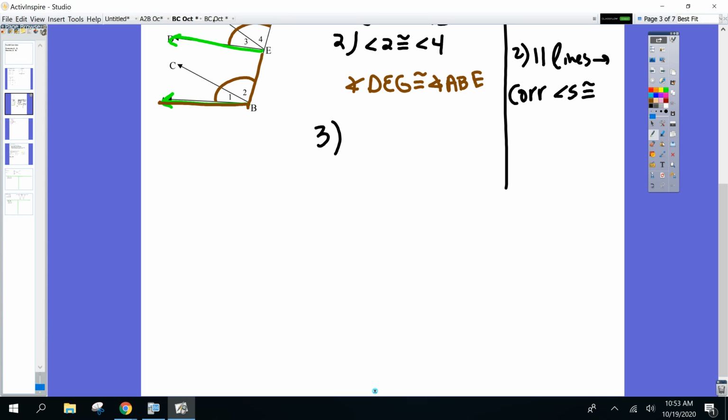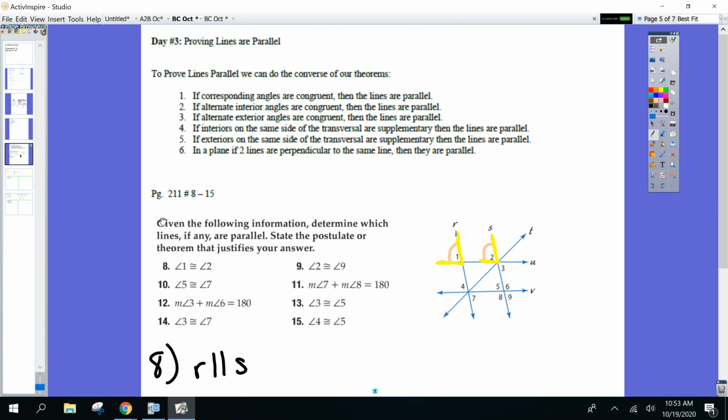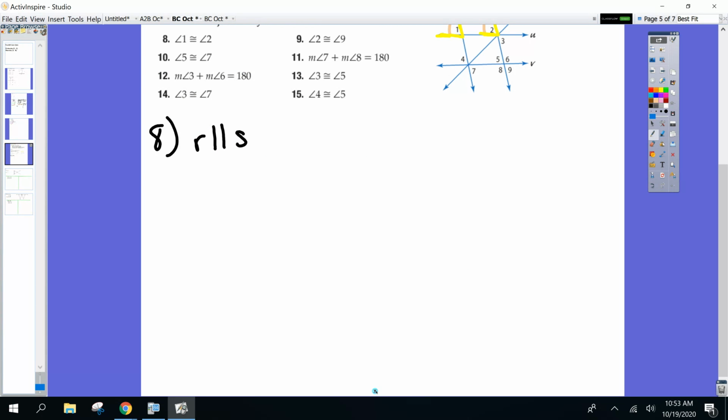So now all I'm going to say here is corresponding angles congruent imply what now? If I have 2 angles that are corresponding and congruent, that means the lines are parallel. So we're flipping our reason today if I'm proving lines parallel.